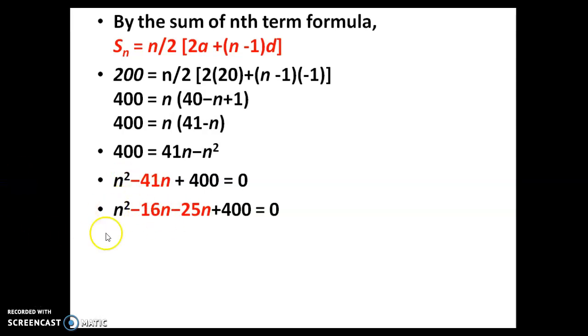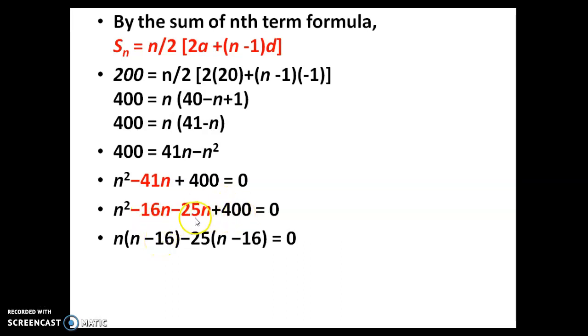Now taking out the common. Here n is common, so we take n outside, and inside the bracket n minus 16 will be there. Remaining 1 n will be here and minus 16 inside the bracket.